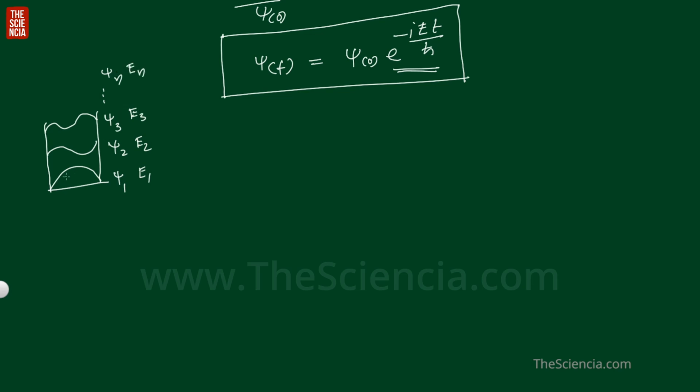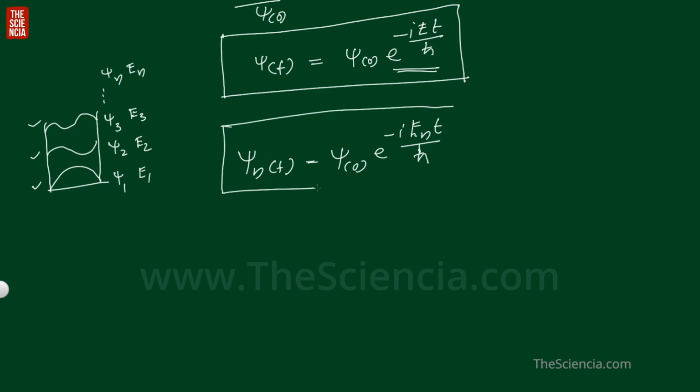So this is the ground state, first excited state, second excited state, etc. So the particle can have many states. In general, we express this as ψn of t is equal to ψn of 0 e raised to minus i En t by h cross. So in order to find out the time evolution of a wave function, we have to substitute its energy in this expression. So this is the general expression for time evolution.